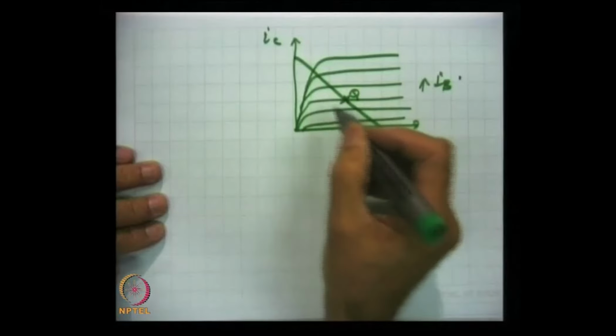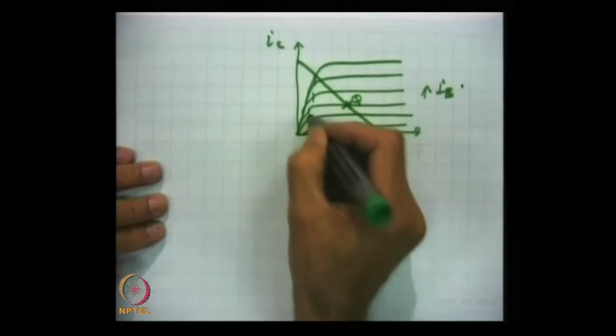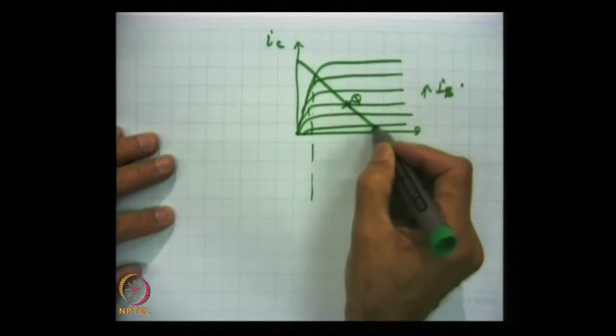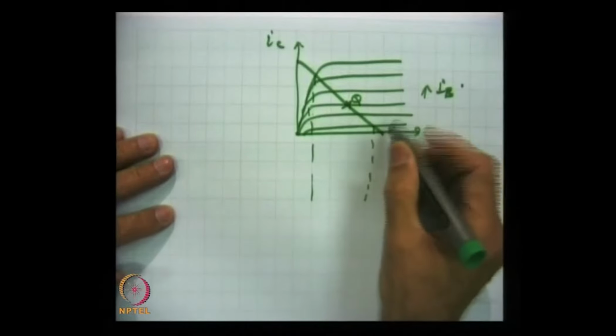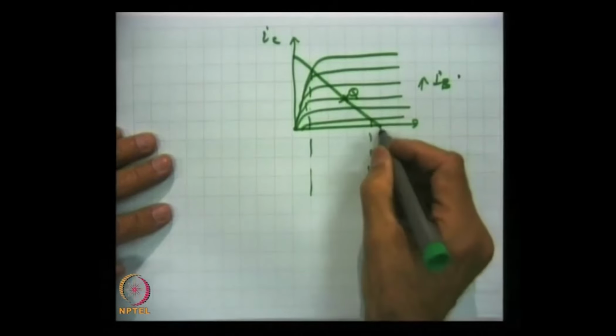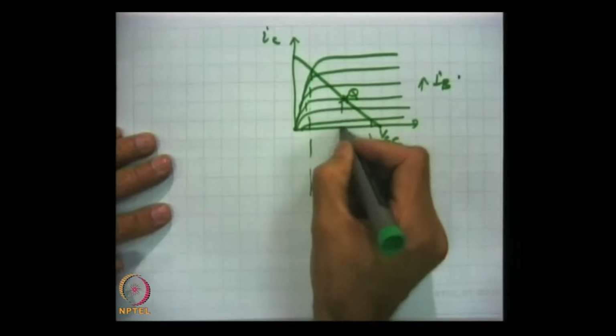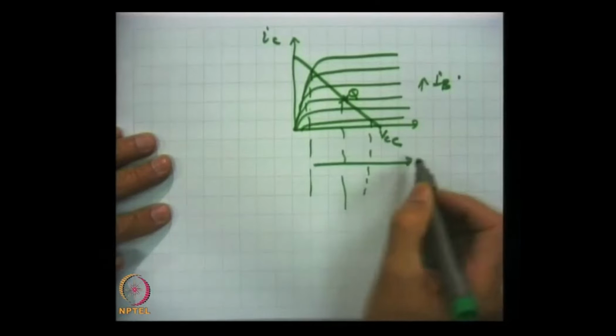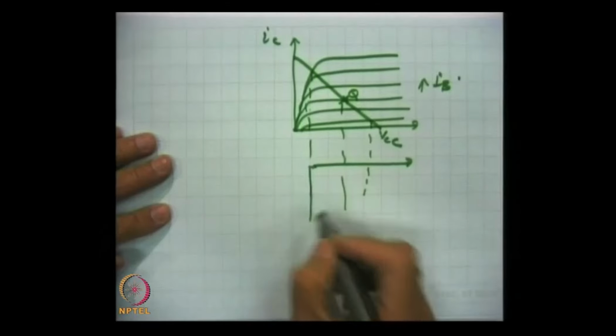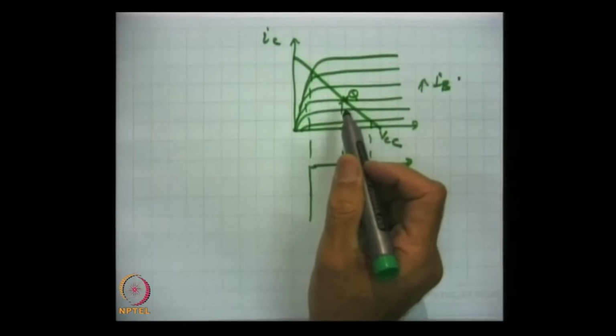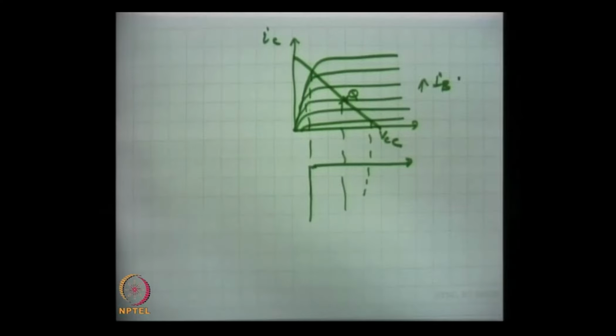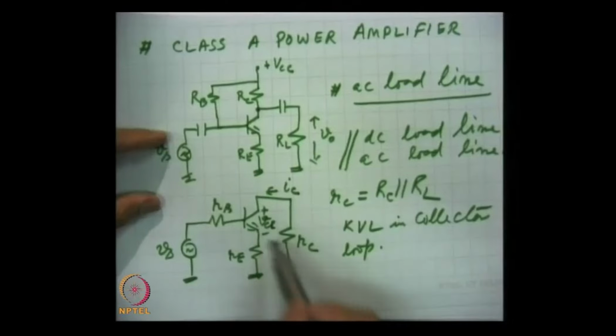and now see, using almost the whole range of the active region. This is VCC, and this is how the voltage across this transistor will vary.